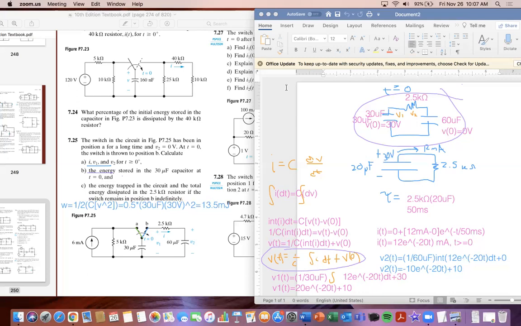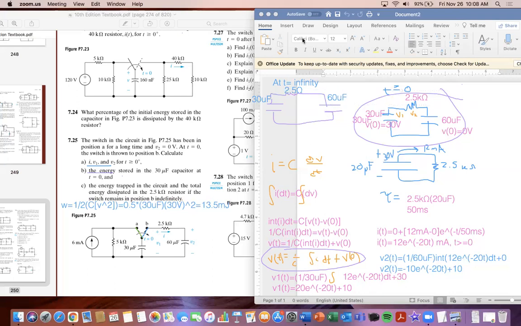At time equals infinity, it's going to look something like this, where we have our capacitor, our other capacitor, and that one resistor, where this is 2.5 ohms. Here we have 30 microfarads, and here we have 16 microfarads.